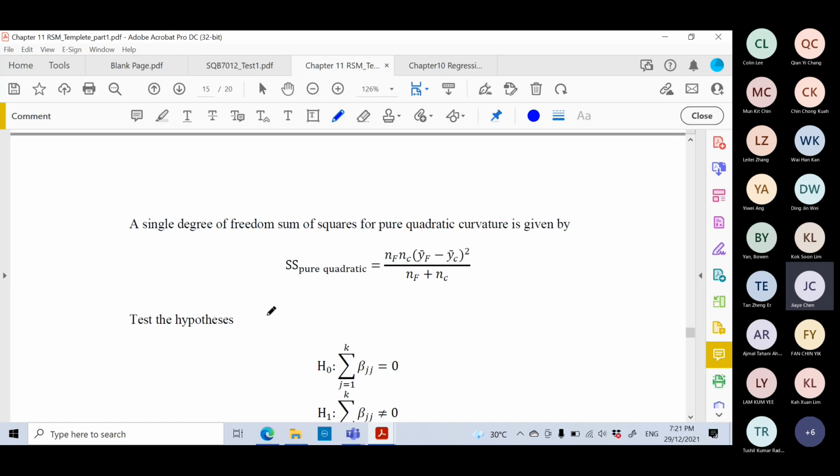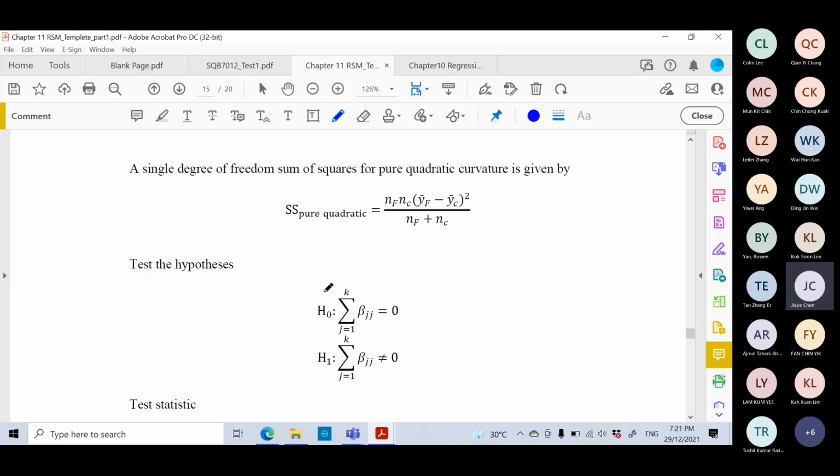Then our hypothesis is that we want to test whether the quadratic effect is necessary or not. We are not testing for the individual effects; we are testing in general for all, so we are just testing the overall sum of them. The J J stands for, if you study K factors, all of them, whether the quadratic effect must be in.